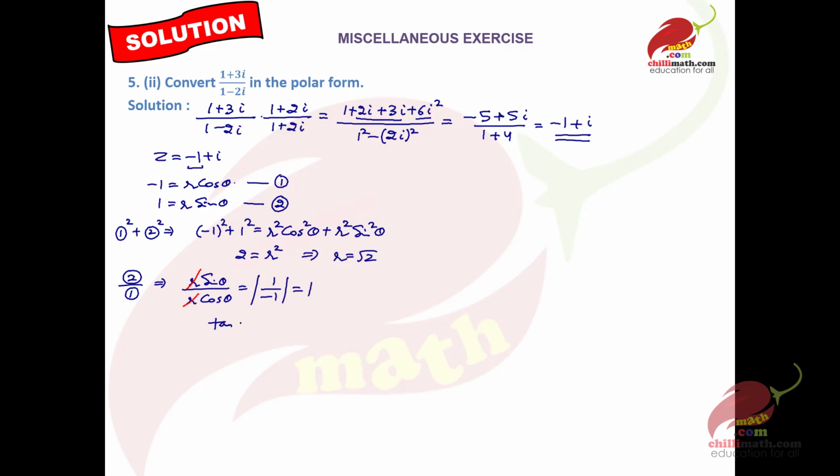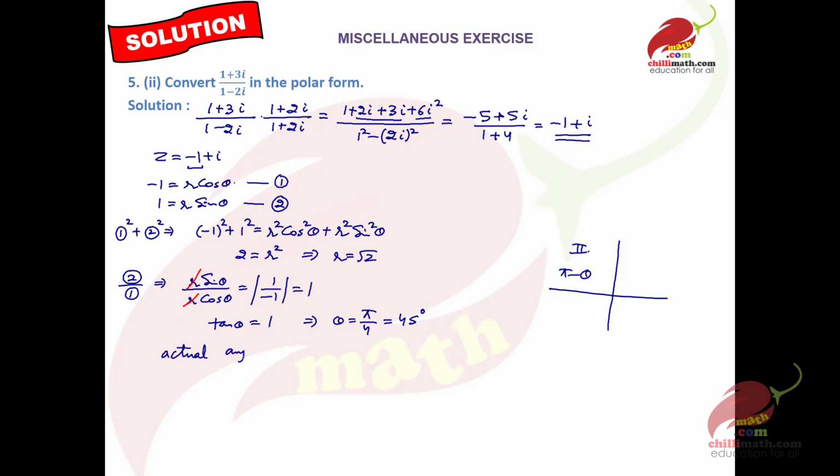Sin theta upon cos theta is tan theta, and tan theta is equal to 1 at pi by 4 radians, or I write in degrees also. But this may not be the actual angle. Then how to find actual angle? We have to check equation number 1 and 2. Here cos theta is negative and sin theta is positive, which is only possible in second quadrant, where sin is positive and cos is negative. So if angle is showing us that it is in second quadrant, we write pi minus theta as actual angle.